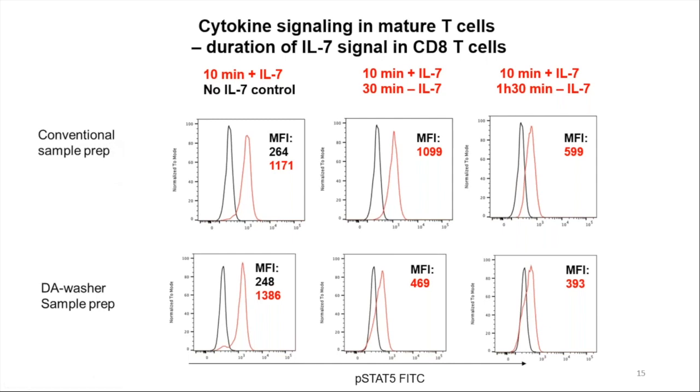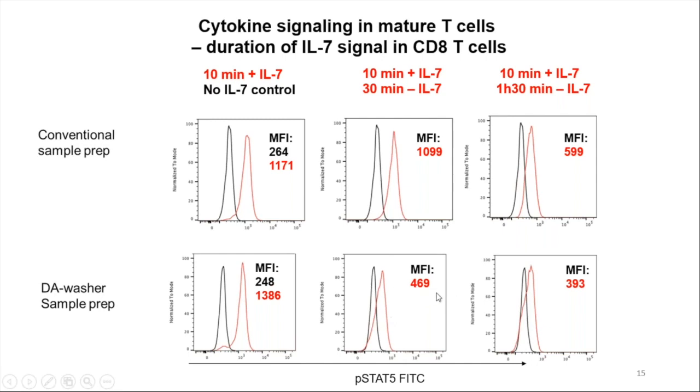However, if we try to look at the kinetics of the signal decay, so after the washes, we put back the cells for half an hour or hour and a half into IL-7-free media, and at the end of each of those time points we permeabilize, it's quite obvious that we see relatively little of the signal decay using the conventional sample prep.